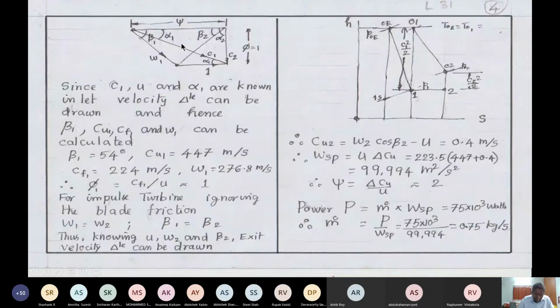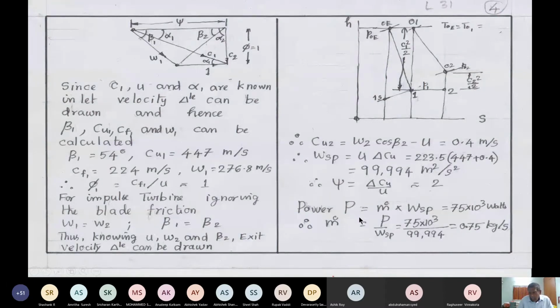But there is a small difference, technically they talk about impulse and degree of reaction, and their differences will be very small. Now, this power is equal to m dot into W specific. I think that was the second or the third equation I gave in turbomachines. So the specific work is defined as the power per unit mass flow rate.